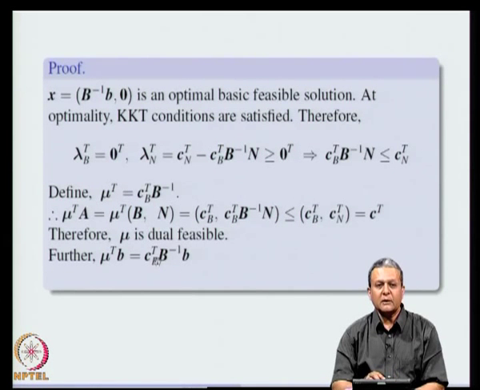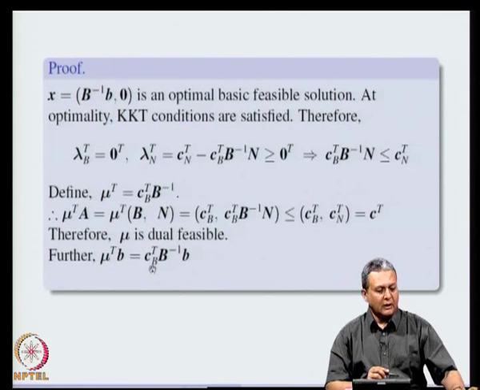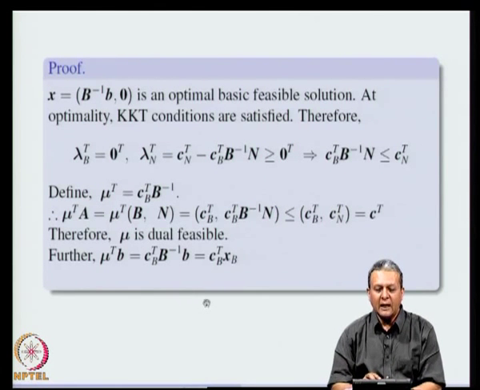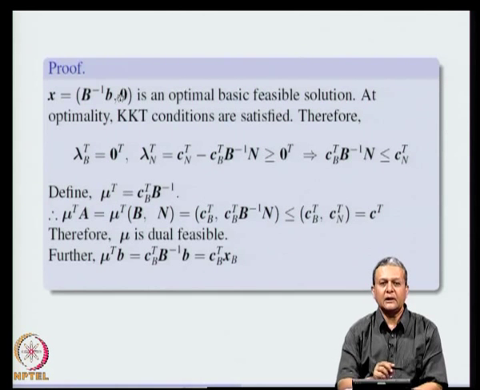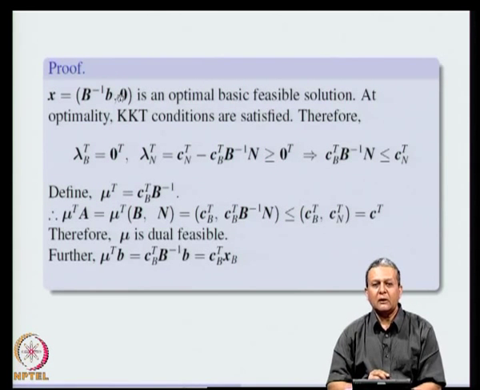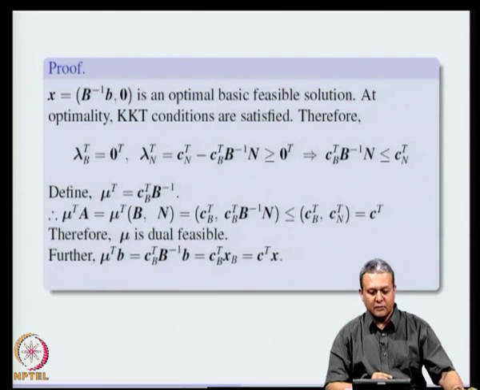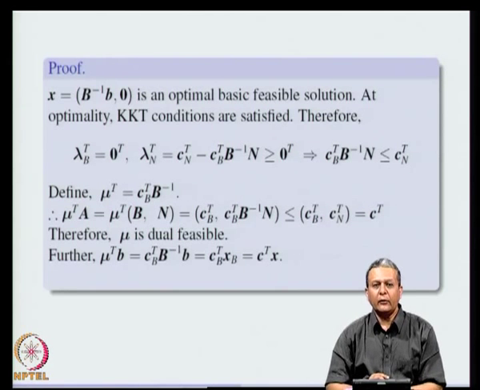So, this will be nothing but C_B transpose x_B, and if we add C_N transpose x_N to this, the right hand side does not change, because x_N is 0, as we have seen here. So, the right side is C_B transpose x_B plus C_N transpose x_N, which is nothing but C transpose x.